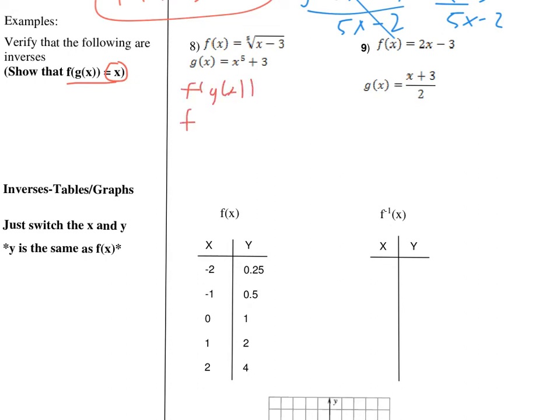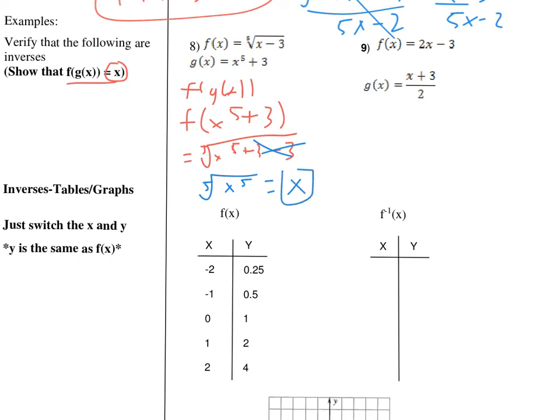And so for me, that's f of x to the 5th plus 3. And so if I take that, I have the 5th root of x to the 5th plus 3 minus 3. I see that the 3's cancel out, and I have the 5th root of x to the 5th, and so that comes out to x.